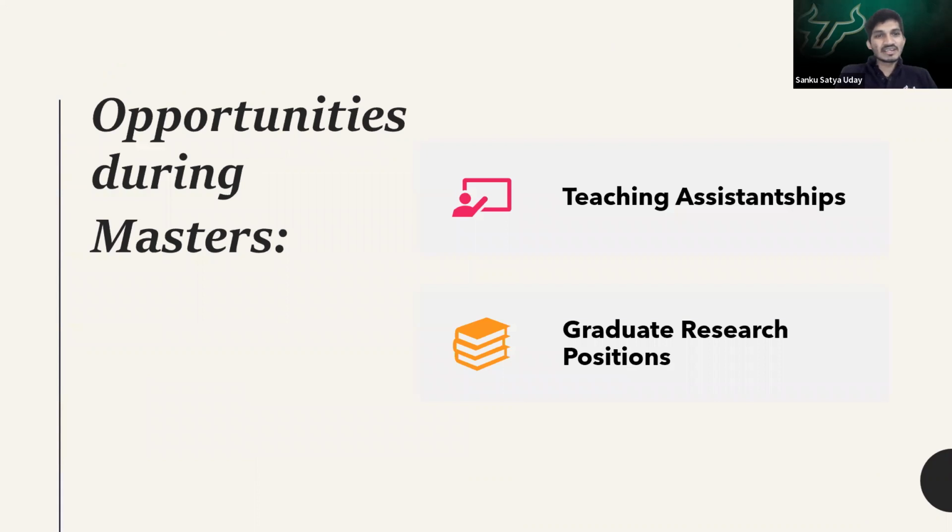Coming to the opportunities while doing your master's, there are teaching assistantship positions and graduate research positions.